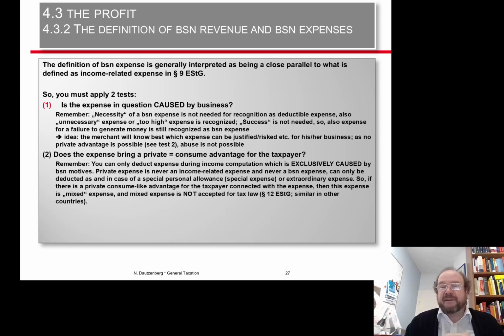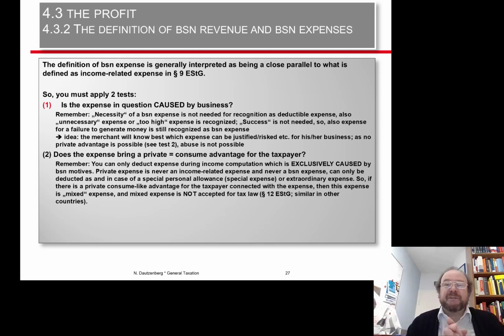If people set off things as business expenses, they don't have any fun from it, because by definition, everything which might be fun is a private advantage and would spoil the whole thing, and then it would at least be classified as mixed expense, and mixed expense is regarded as privately infected expense and not deductible, entirely, under paragraph 12 EStG.